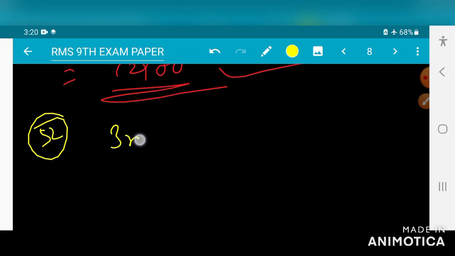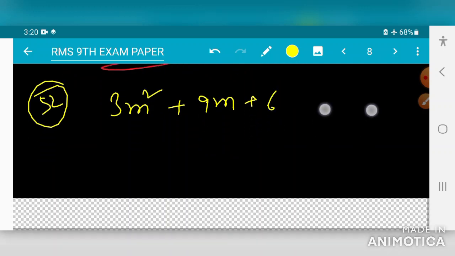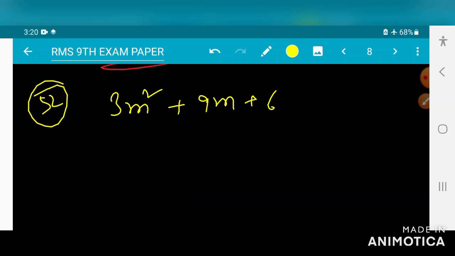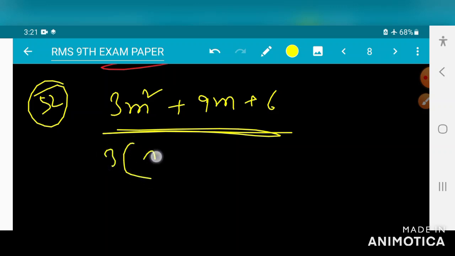Given to us is 3m square plus 9m plus 6. This is the given algebraic expression. See here, there is a common factor, that is 3. We have to take 3 common. Next, 3m square, and here 3 threes are 9 and 3 twos are 6.